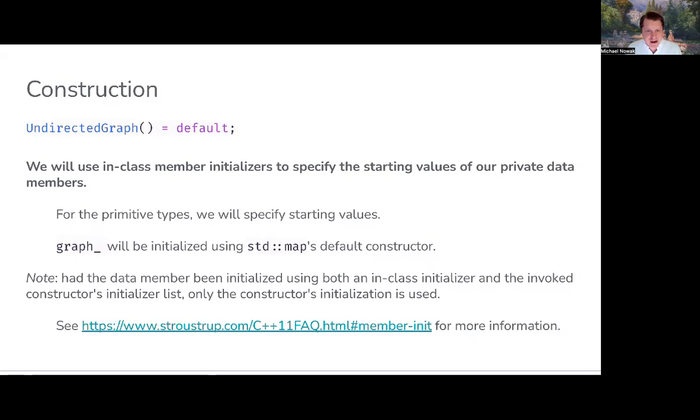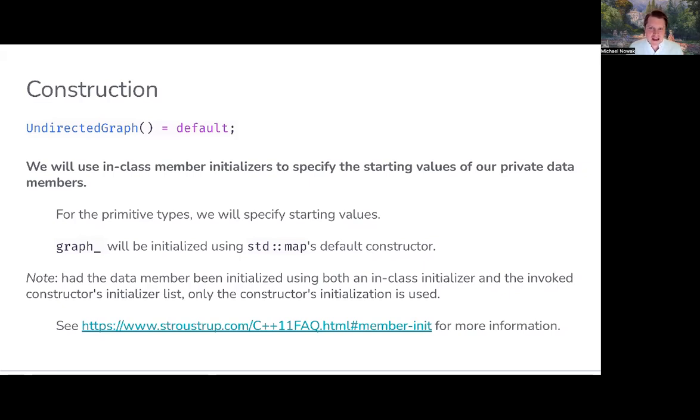Note that had we provided some sort of definition for our default constructor instead of deferring to the compiler's default implementation, and had the data member been initialized using both an in-class initializer and the invoked constructor's initializer list, only the constructor's initialization is used.